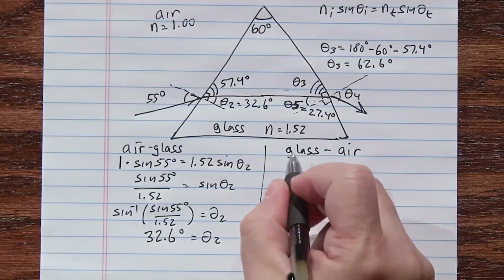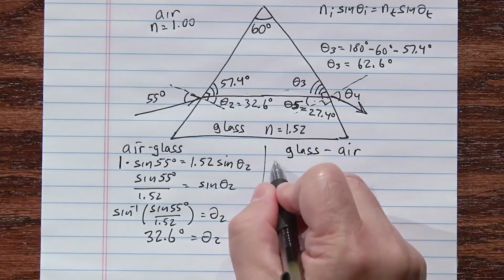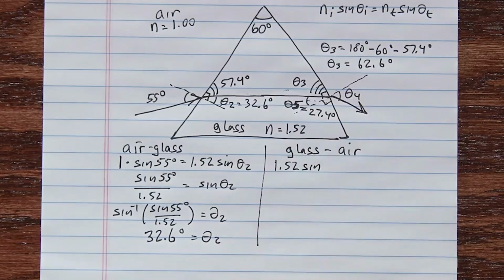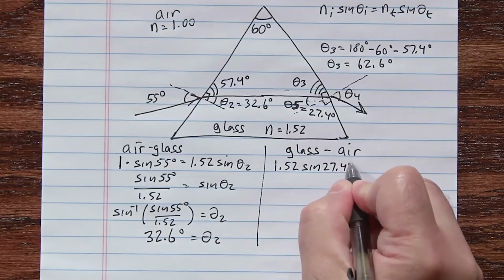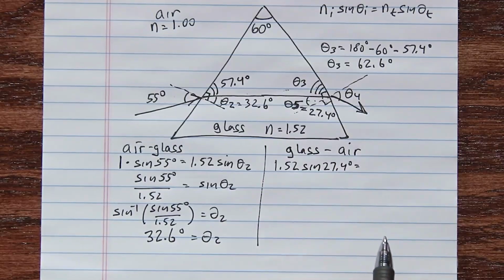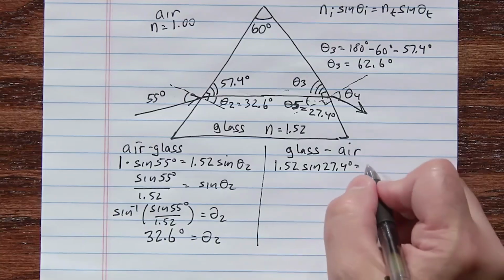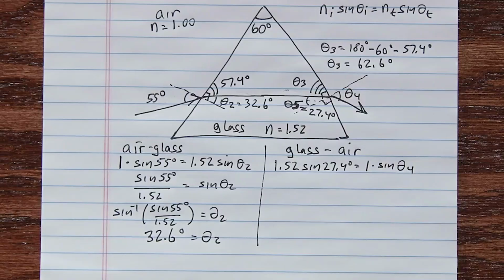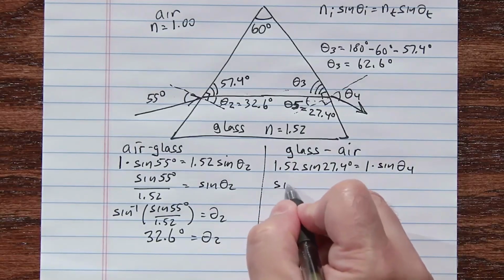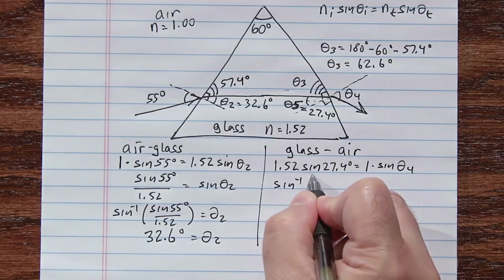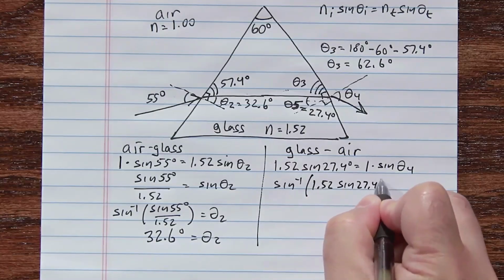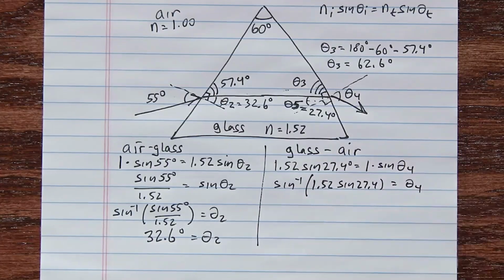In the glass, we have index of refraction of 1.52 times the sine of this angle in here, 27.4 degrees, and that's equal to the index of refraction in air, which is 1, times the sine of theta 4. So sine inverse of 1.52 times sine of 27.4 is equal to theta 4.